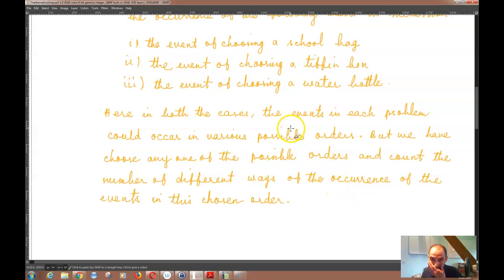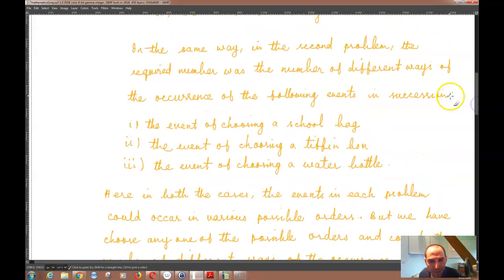What that means is that, for example, in the second problem, you have 3 events happening here in succession. You have the event of choosing a school bag, the event of choosing a tiffin box, and the event of choosing a water bottle. You could start with the school bag, then go with the tiffin box, or after that go for the water bottle, and then once you've chosen the water bottle, choose the tiffin box.